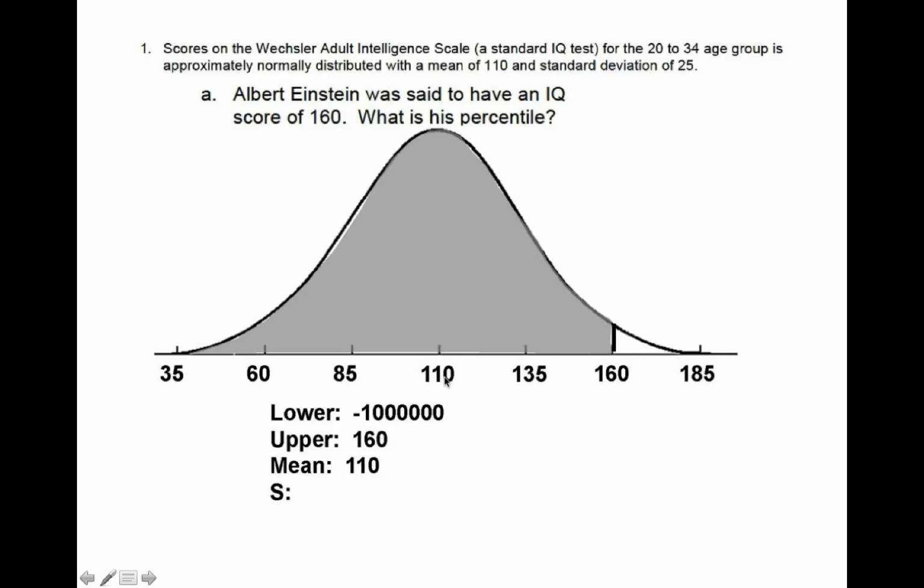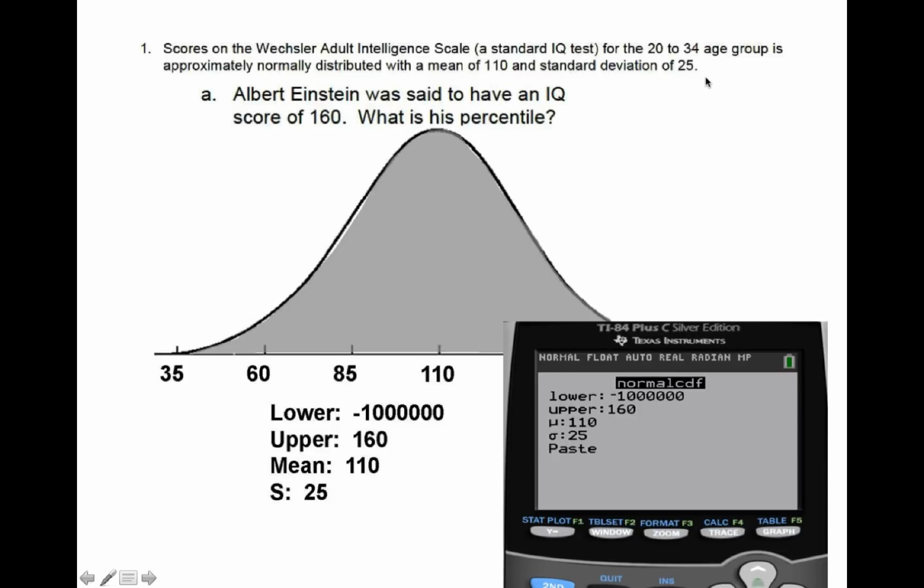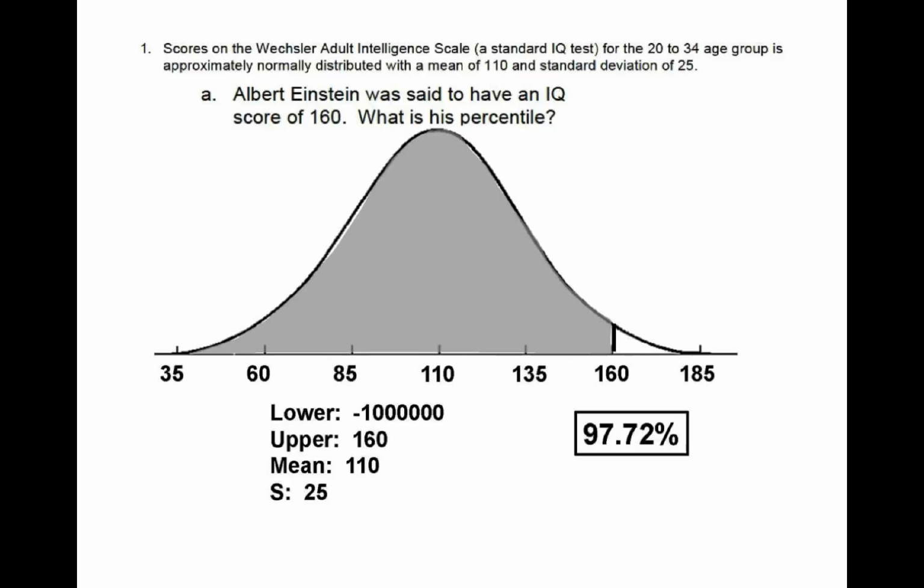Your mean is 110, and your standard deviation is 25. Then you go second distribution, normal CDF. You type this in and paste. To find the percent, you have to multiply it by 100, and you should get 97.72%. So this is just like 9.9.